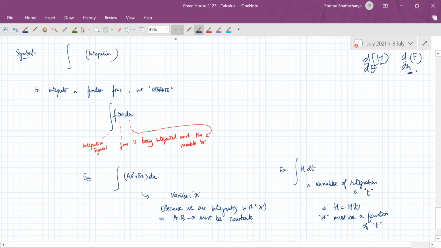Yes, sir. So like that, for integration too, when we write the operation, we have to specify which variable we are integrating with respect to. That is why the term dx is written, or over here the term dt. And whatever we are integrating with respect to dx or dt has to be a function of that particular variable. If we have written dx, we should be integrating something which is a function of x. If we have written dt, it should be a function of t. Oh, okay, understood, sir. Understood?